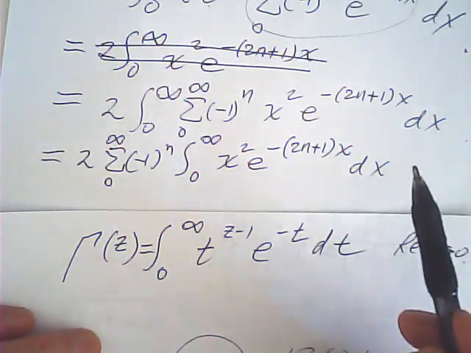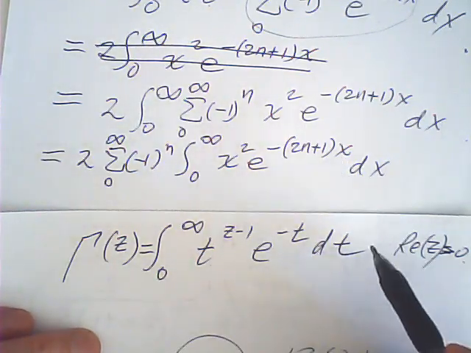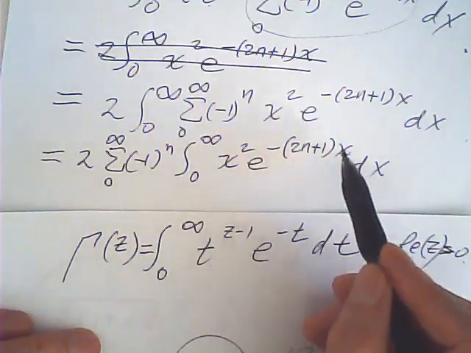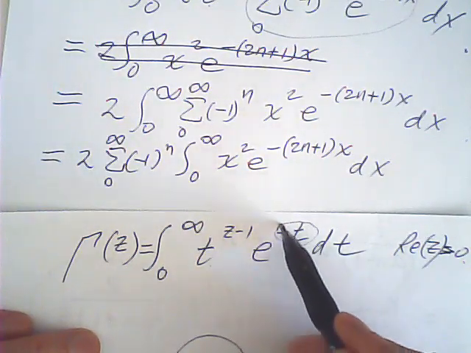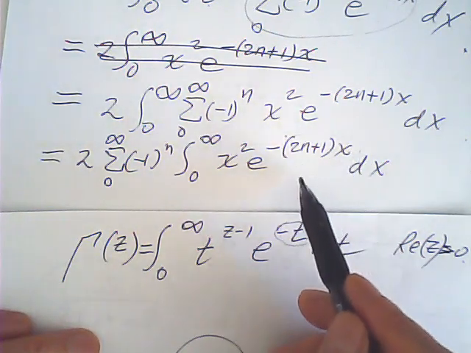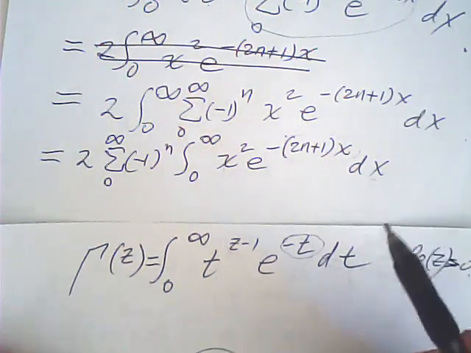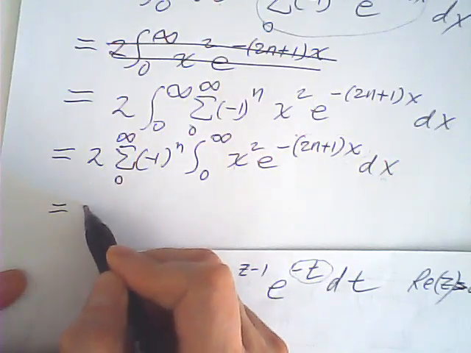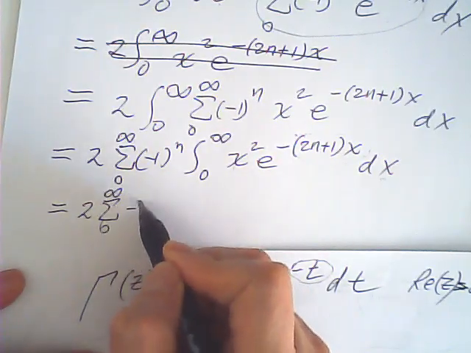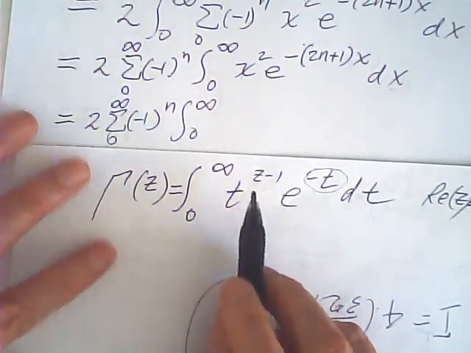Now, see, the parameter has to be matching. If this is t, negative t, then this must be t, and this must be t. So I just organize this way: 2 sigma from 0 to infinity, negative 1 to the n, integral, t.